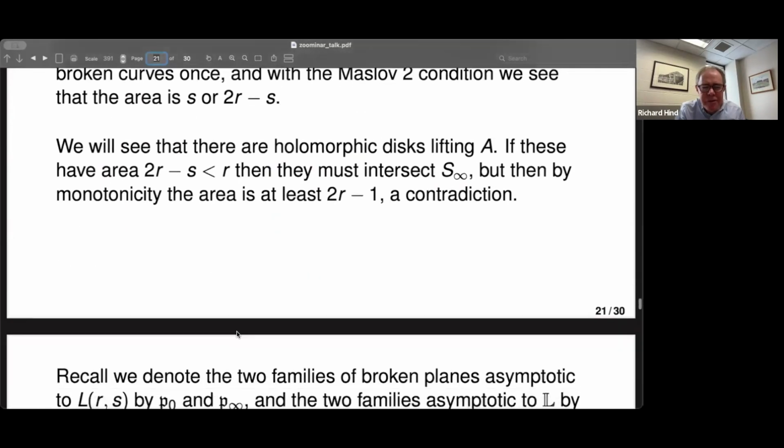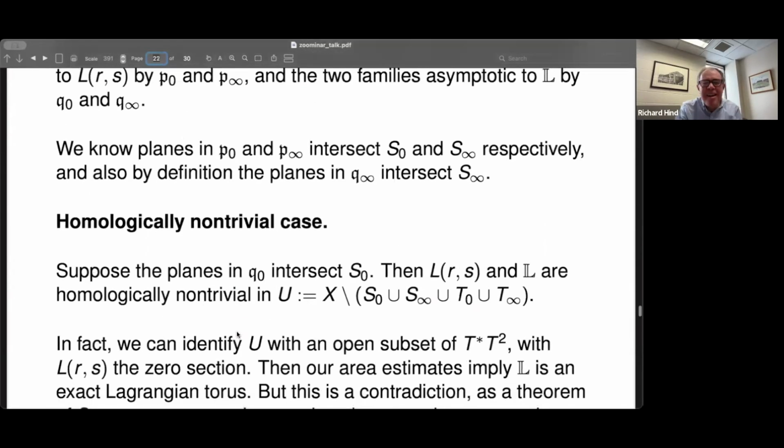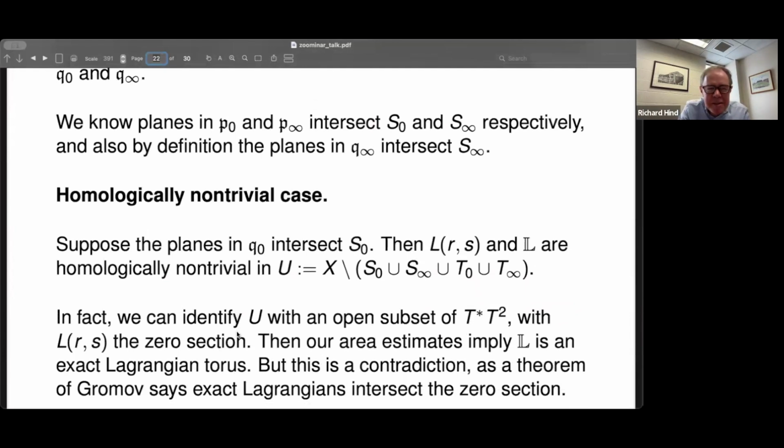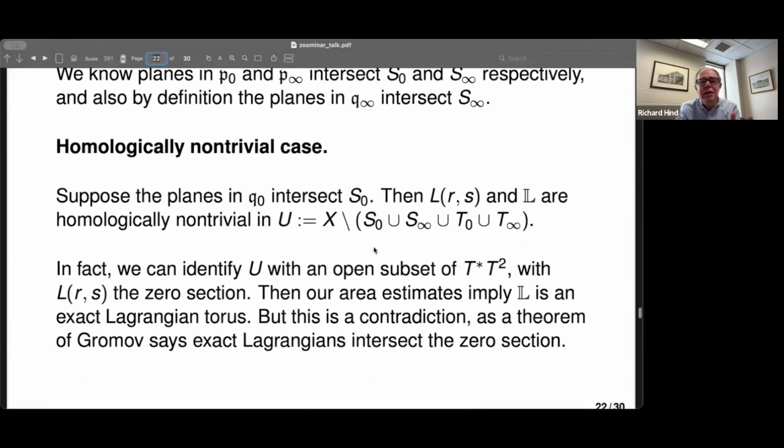So we're looking at Lagrangian tori here. Both of the tori bound a disk of area R which intersects one of the S axes once. You could imagine gluing those two disks together so that neither of them intersects the S axes.